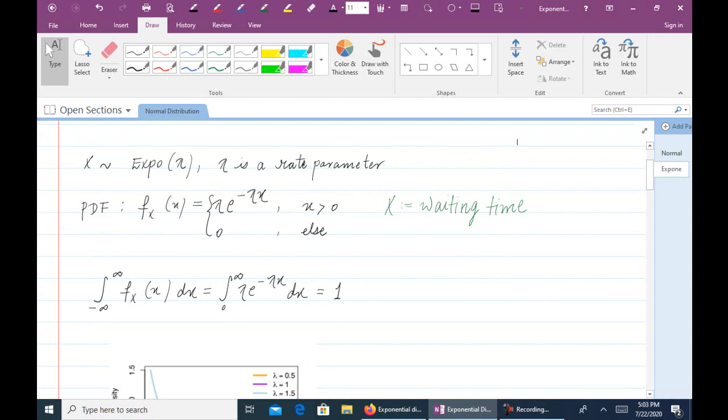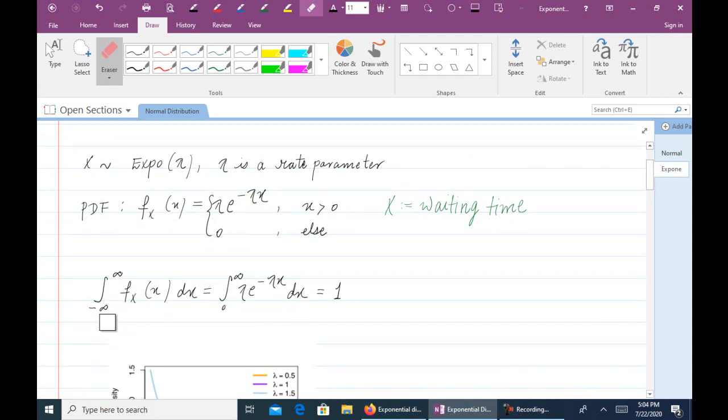Now, to check that this is indeed a density function, we need to see that if we integrate this function from negative infinity to infinity, we get 1, which we do get.